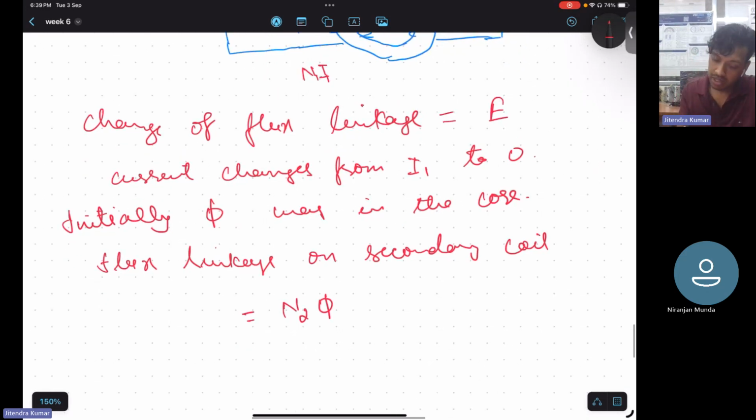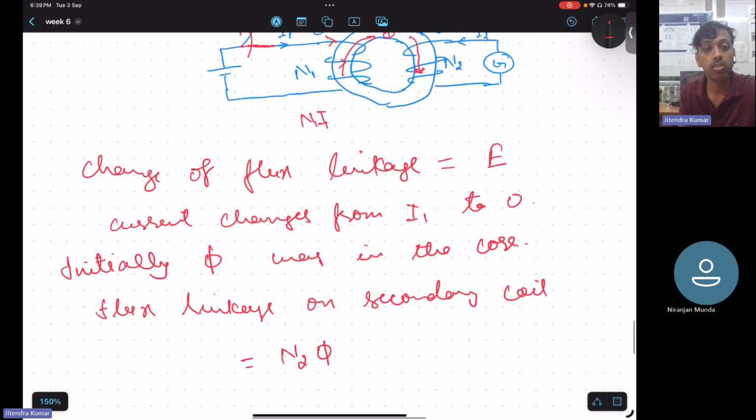So the change in flux linkage will be, after disconnecting the switch, flux would be 0 because there is no supply. Momentarily some flux will be there, but after a point of time, because of magnetic property, it will decline to 0.